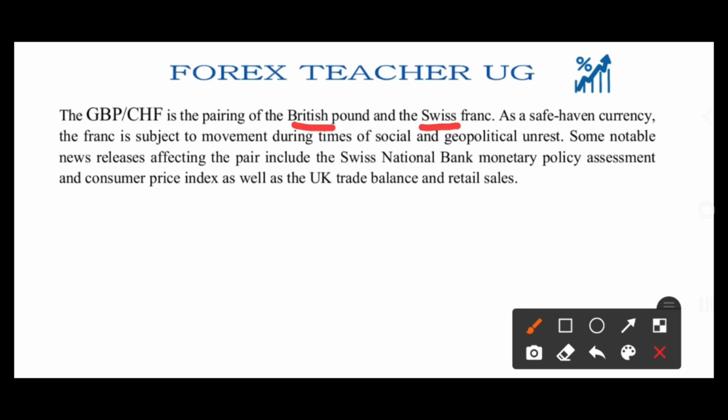At the moment we have been looking, where you see Swiss franc, you just know that it's the currency of safety, especially during economic and geopolitical unrest and bad times that happen in the country. Also this is affected by the same news, UK trade balance and retail sales.